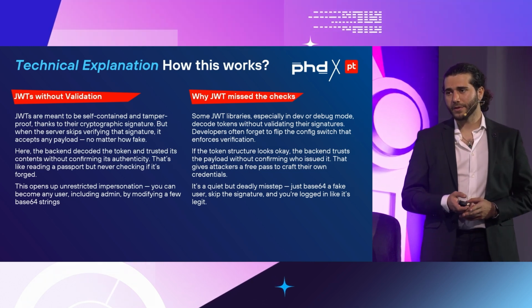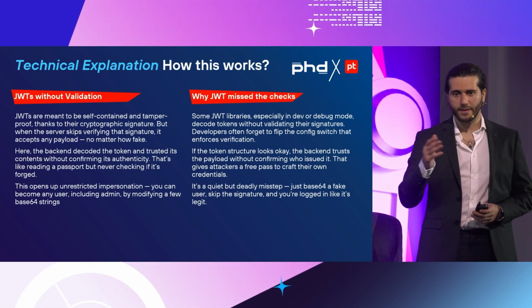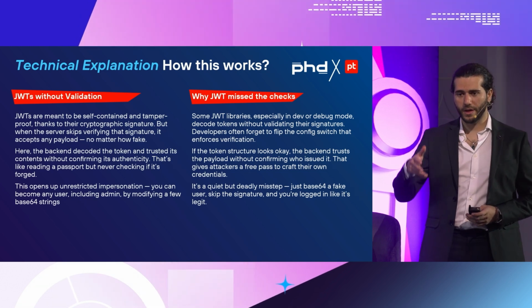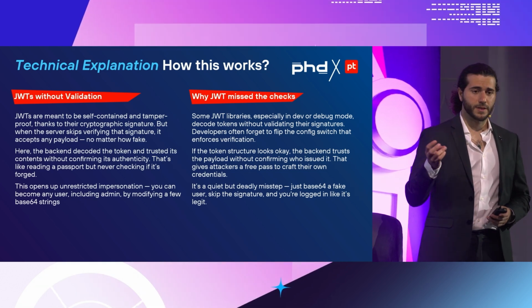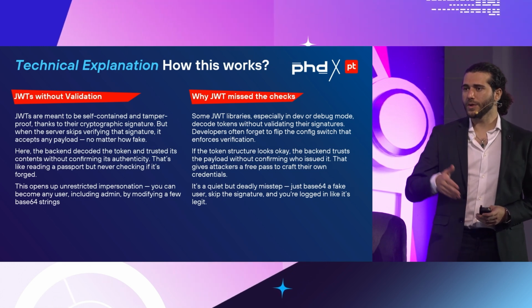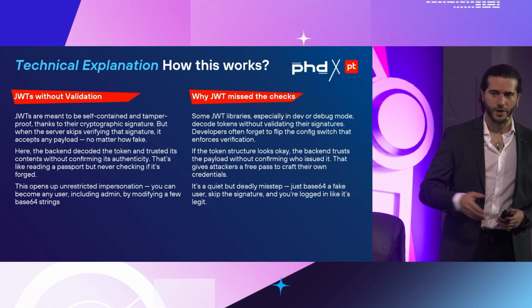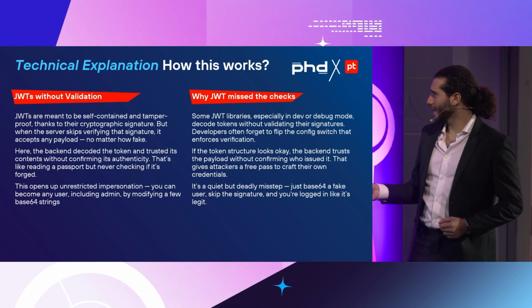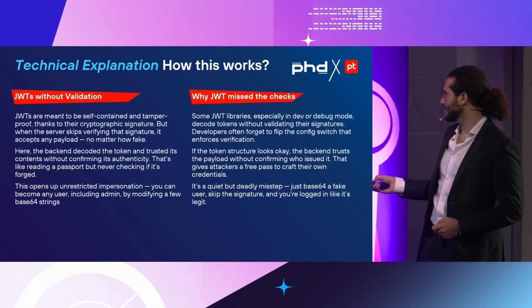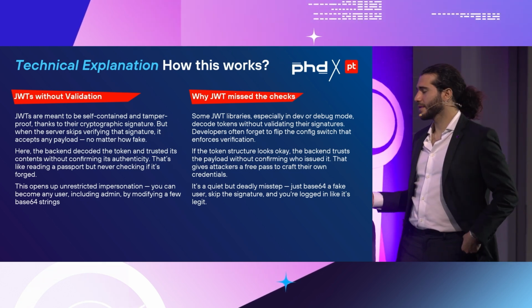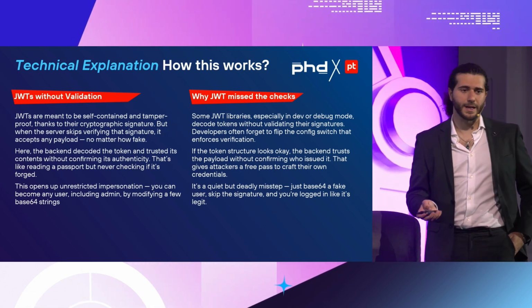So the most important thing when testing JWT-related authentication flow is first trying to log in without a valid signature. And the second thing is also trying to send a null bearer token, which might sometimes give you access to the application, as we have seen in the previous bug. So it's a quiet but deadly misstep. Just base64 a fake user, skip the signature, and you're logging in like it's totally legit.